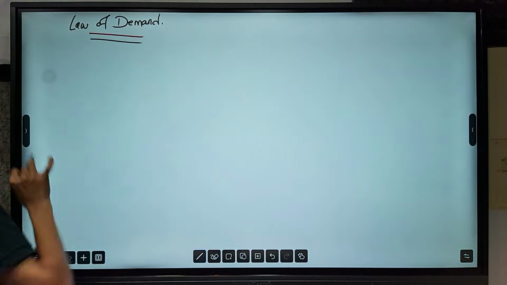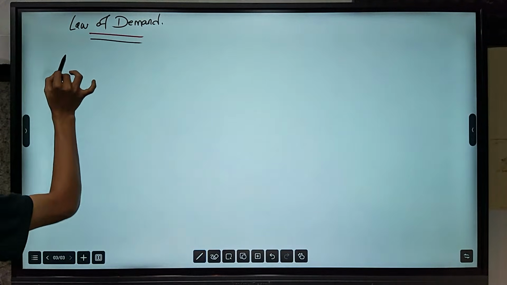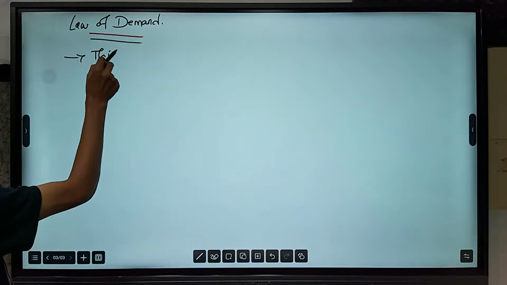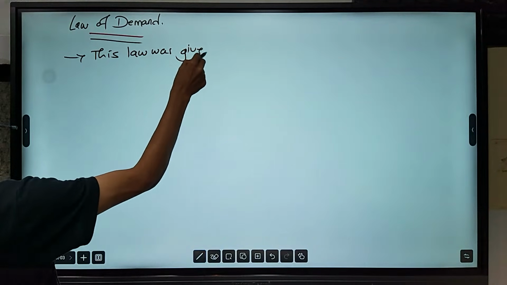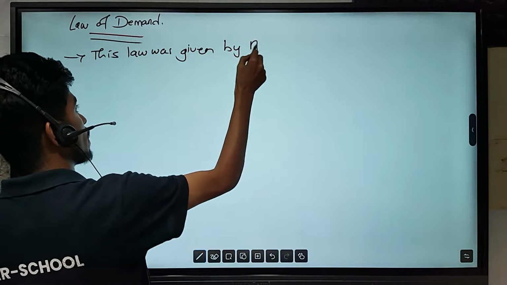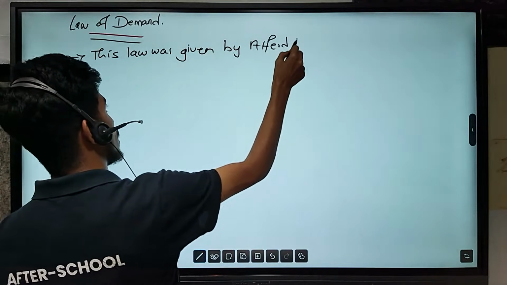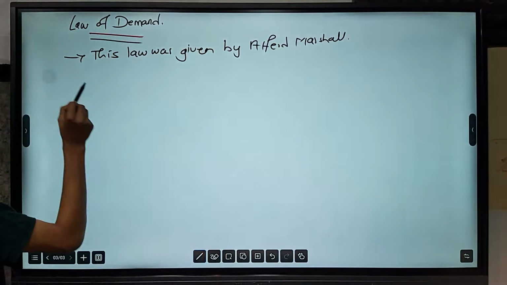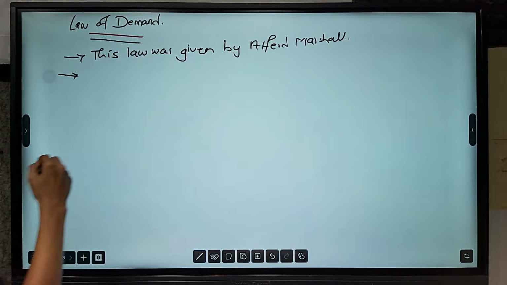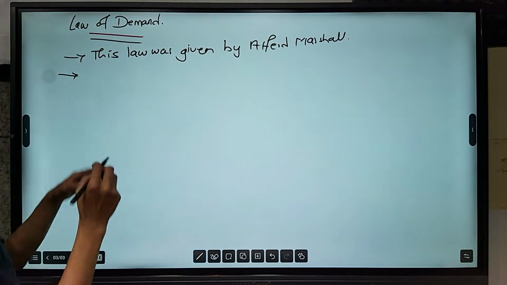Now, what is law of demand? You have to remember first. Again, you have to state that this law was given by Alfred Marshall.